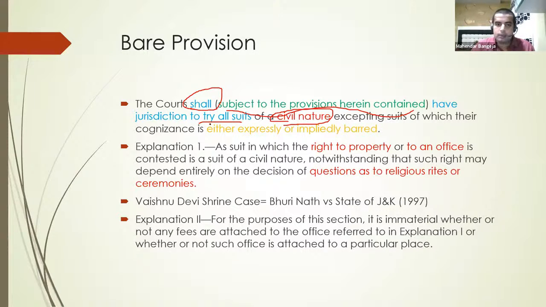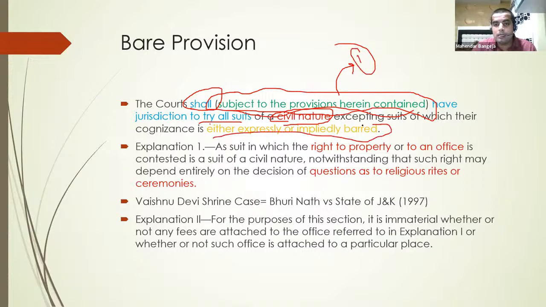So basically, this provision says that court has jurisdiction to try suits of all civil nature, but सिर्फ दो restrictions हैं. One restriction is within CPC itself. That is the reason they have used this word, subject to the provision herein contained. And the second restriction is outside CPC, either expressly or impliedly barred.